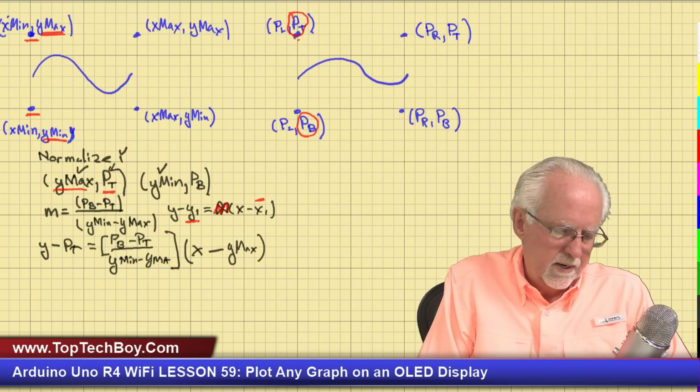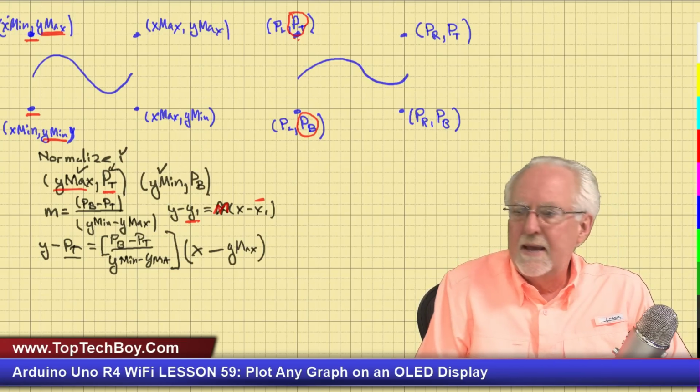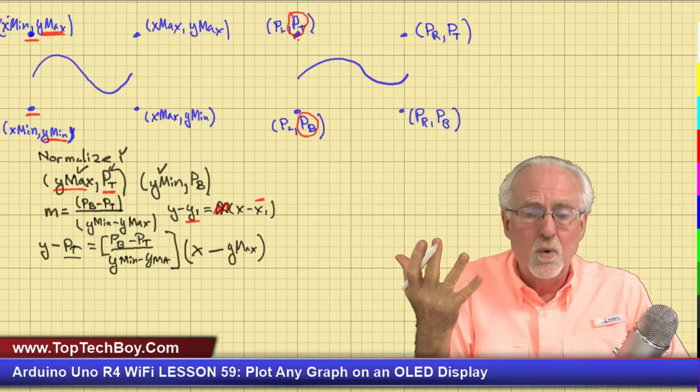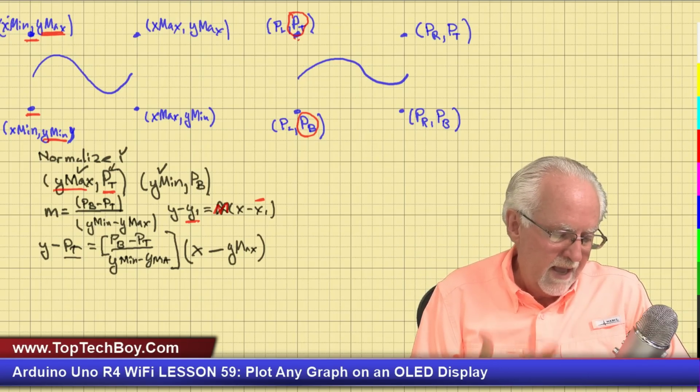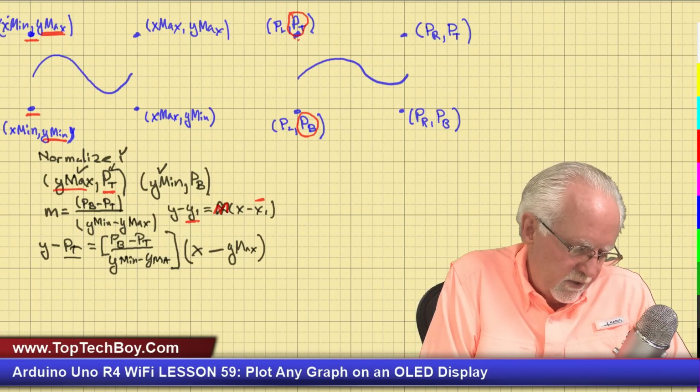Guys, we're almost there. Now all I've got to do is add pt to both sides, and then I have an equation that allows me to calculate the normalized y.